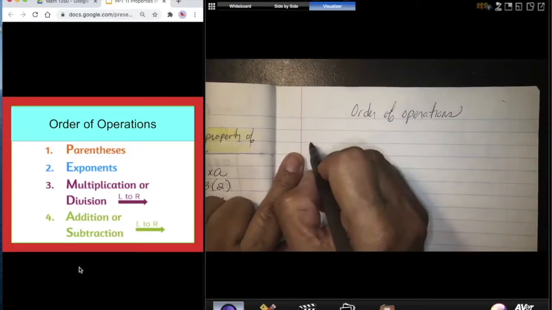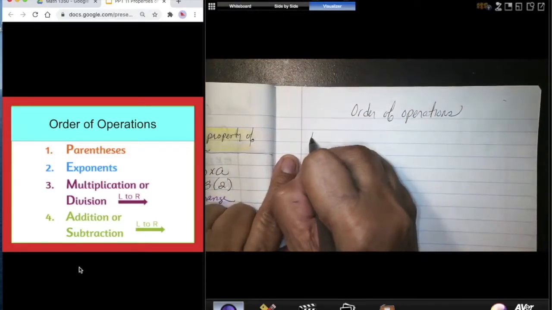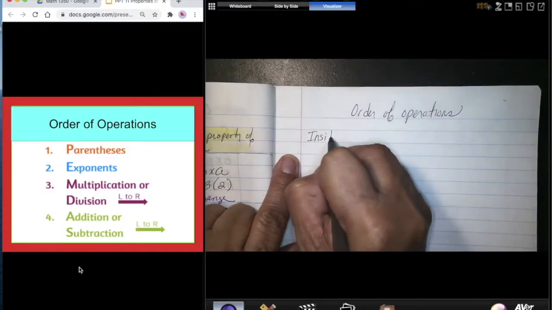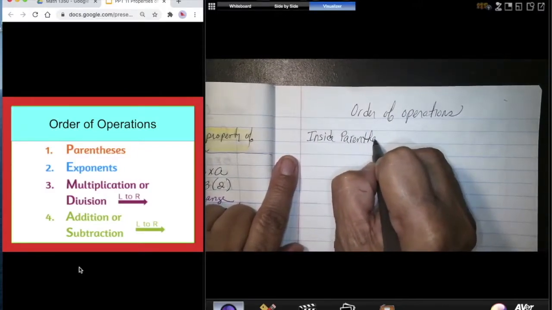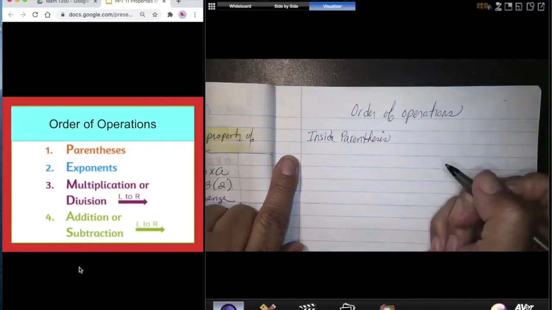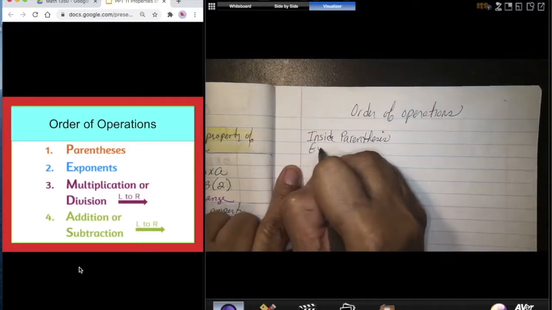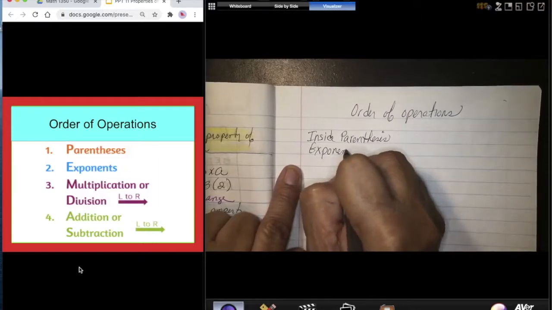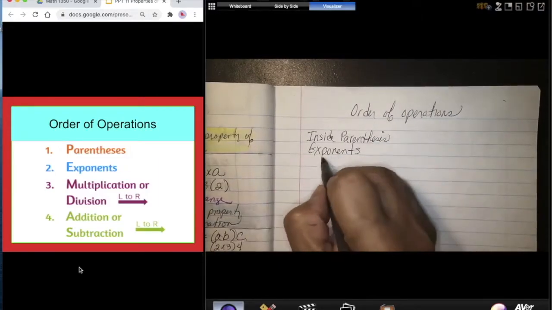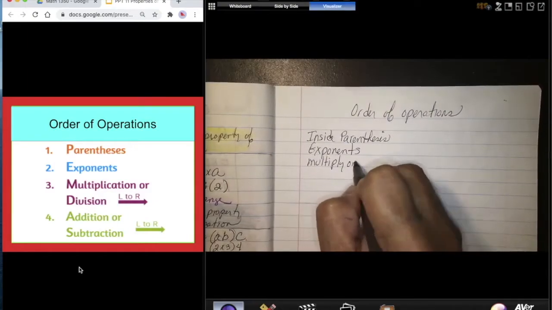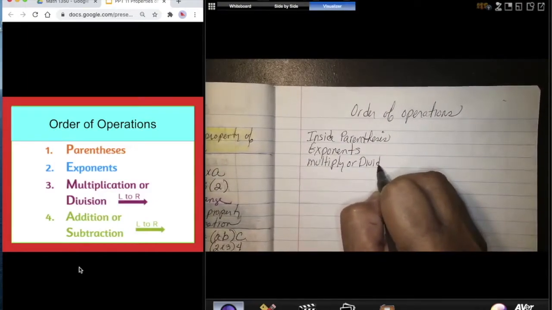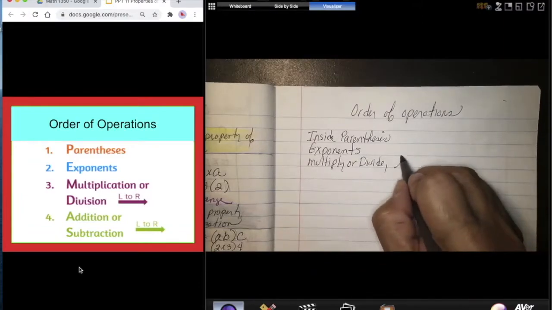Okay. So we always start with inside the parenthesis. Then we work with our exponents. We multiply or divide, left to right.